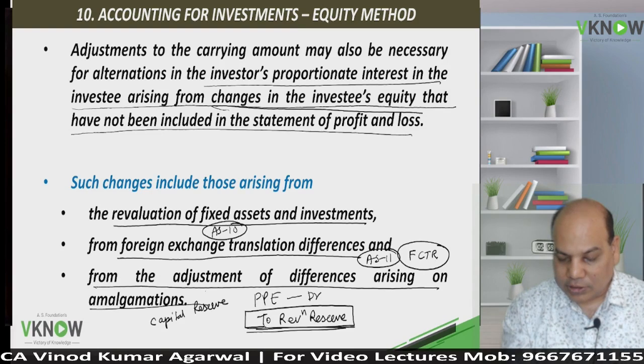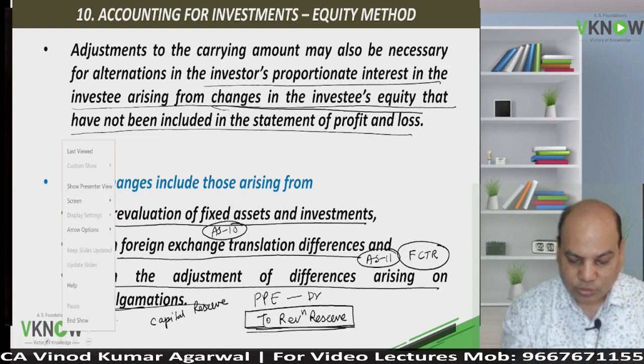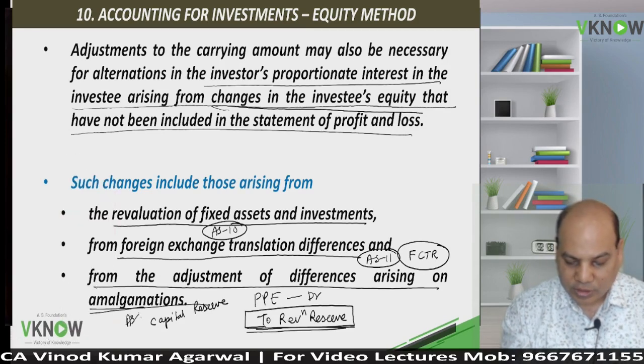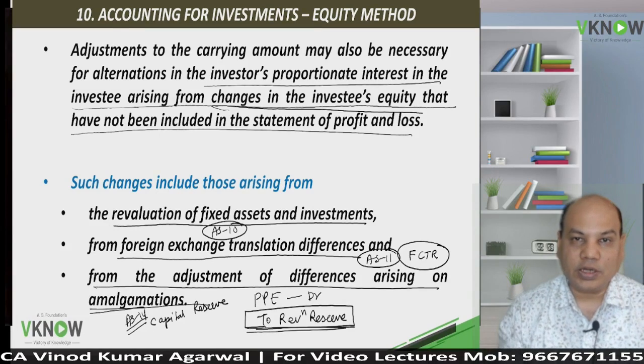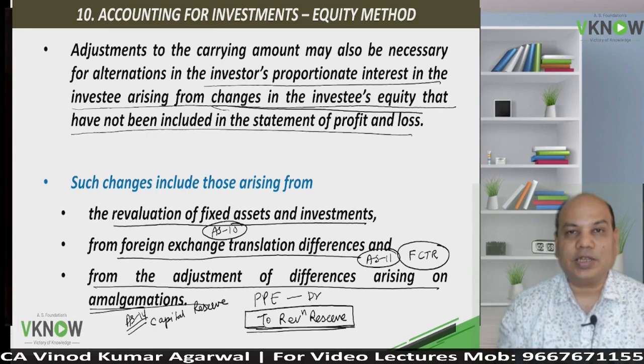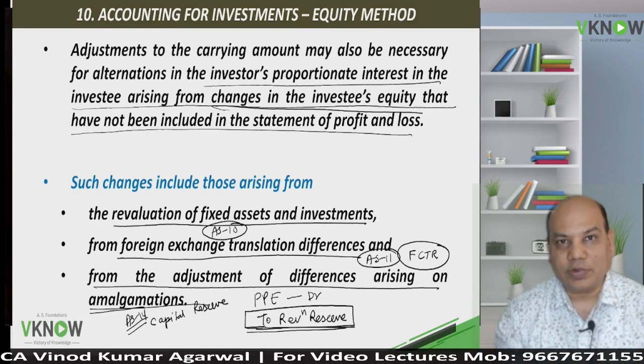Which standard deals with amalgamation? The student should note down AS14. Under AS14, if you acquire another company and the cost of acquisition is less than the net asset acquired, it gives rise to capital reserve.